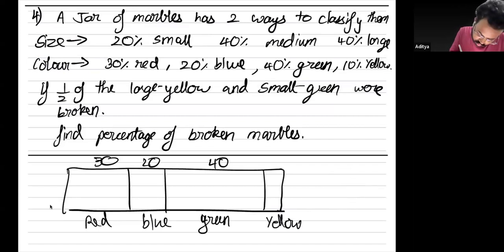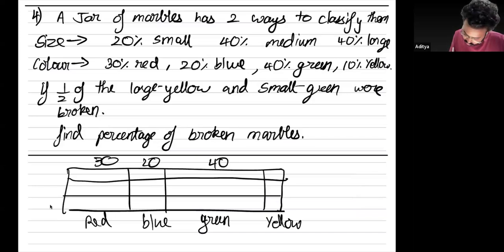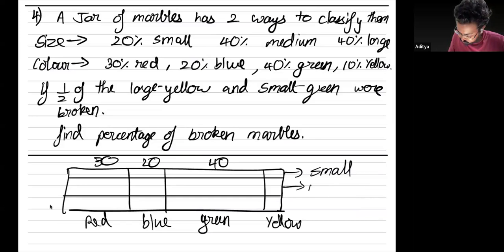Among these also, I can say that 20%, 40%, and 40% each will be small, medium, and large.